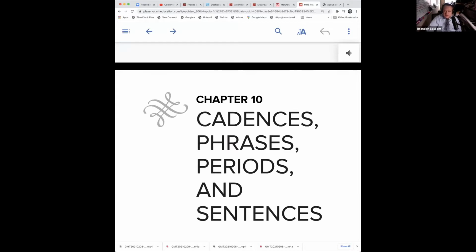How's that looking? We can see it all right? Okay. Cadences, phrases, periods, and sentences.